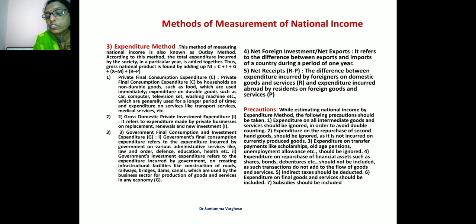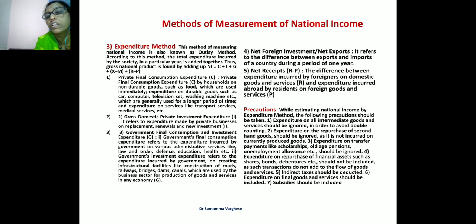Expenditure on purchase of financial assets like shares, bonds, debentures should also be ignored. Indirect tax should be ignored. Subsidies should be included. Expenditure on final goods and services should be included. So these precautions we have to take.